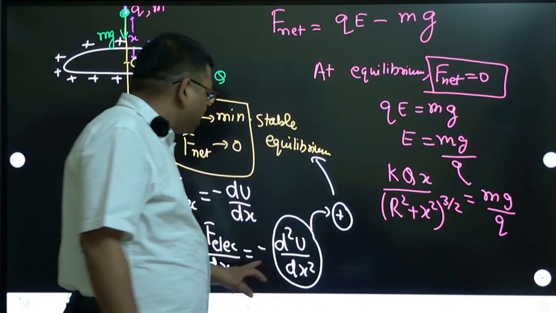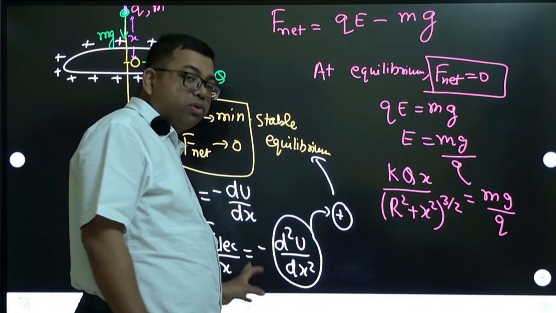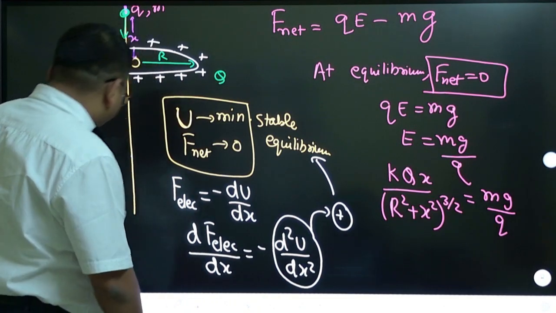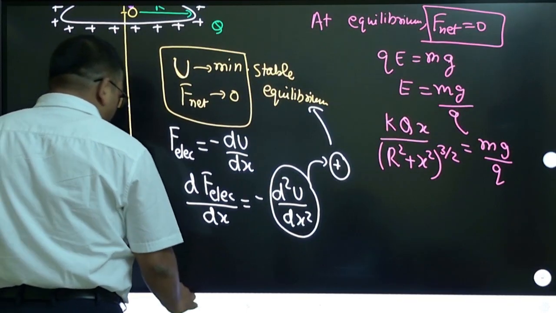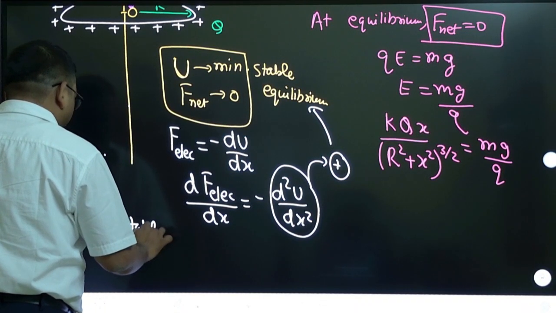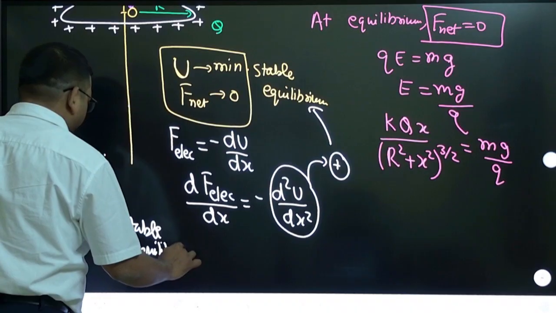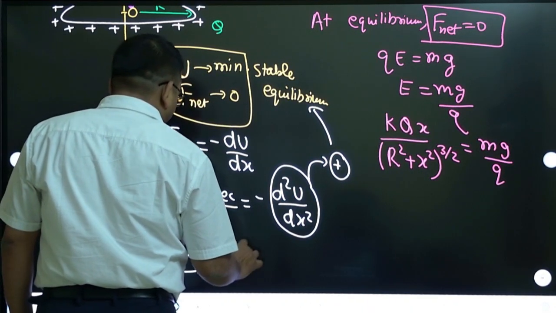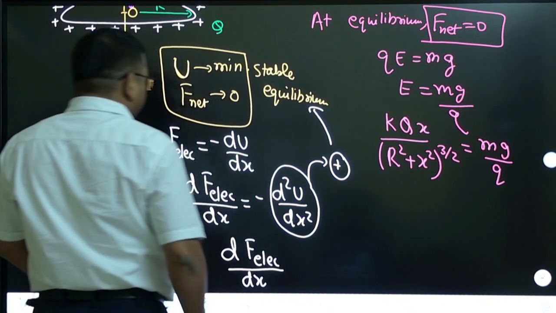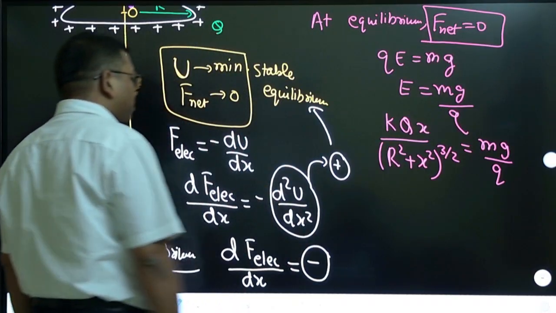Now, if this is positive, this must give us negative, right? That means the differentiation of the electrostatic force must give negative. This you should note. So, for stable equilibrium, the differentiation of the electrostatic force with x must be negative, because this term is positive.